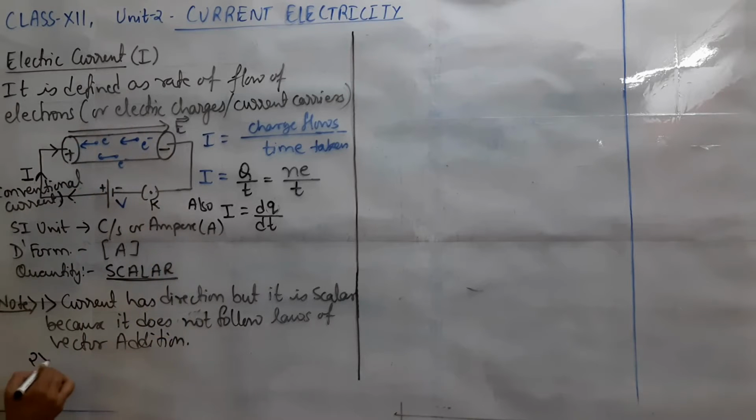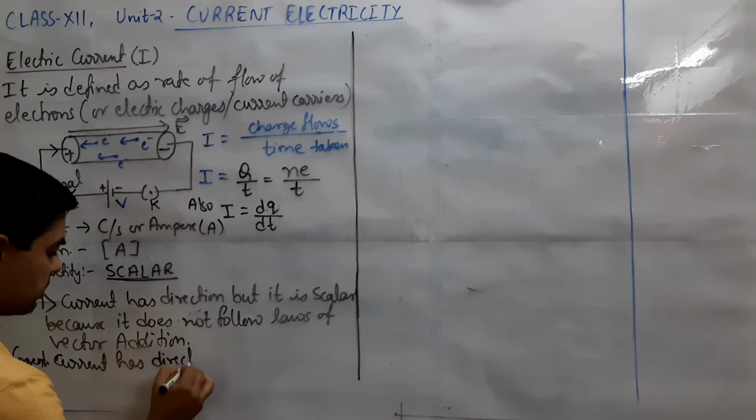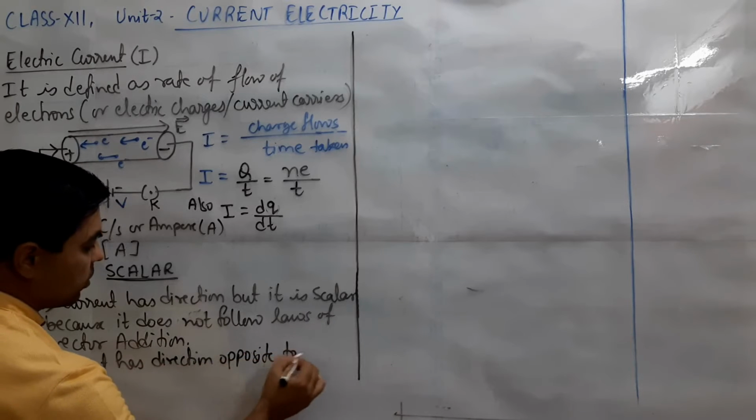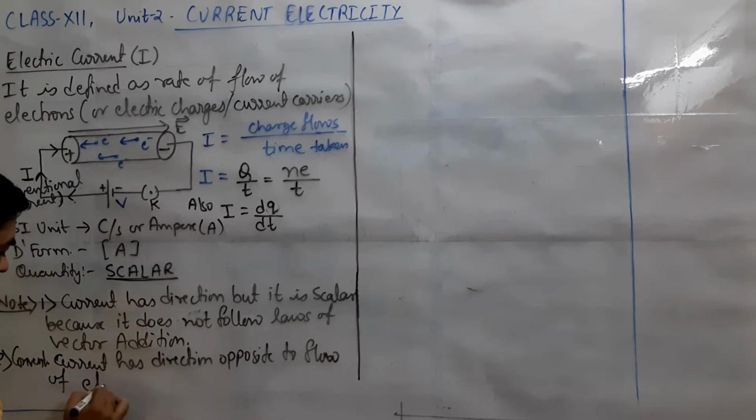So another note: conventional current has direction opposite to the flow of electrons.